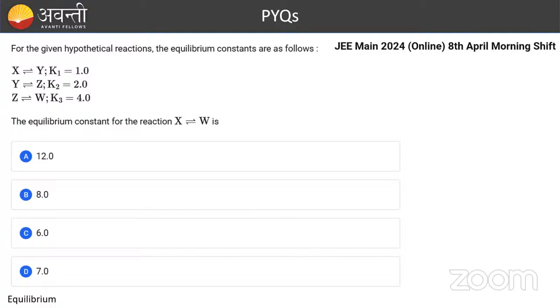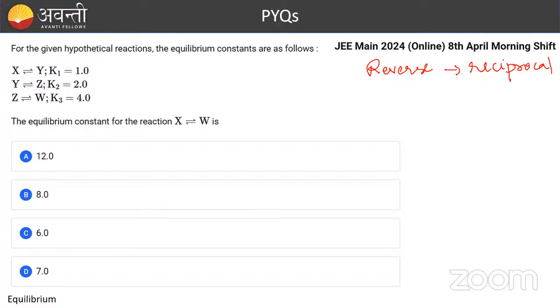In that topic, there are three important properties of equilibrium constant. One is, if you reverse the equation, you need to take the reciprocal of the equilibrium constant.